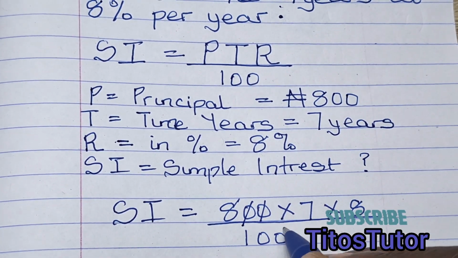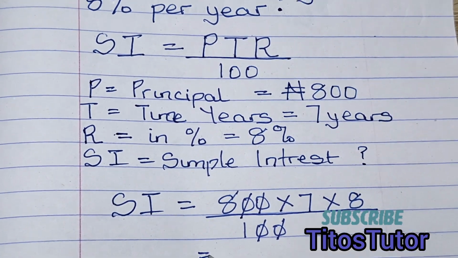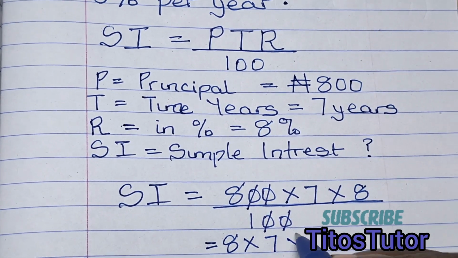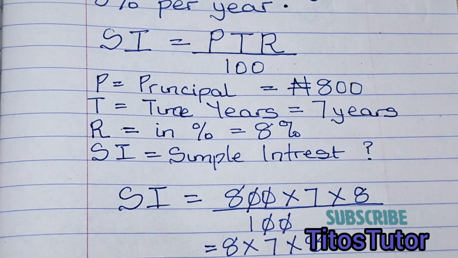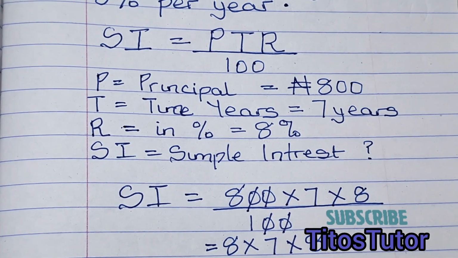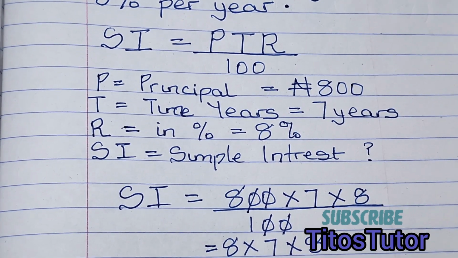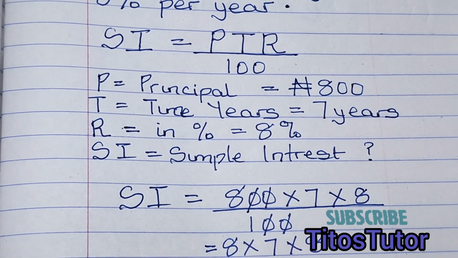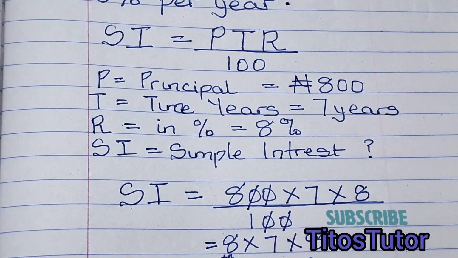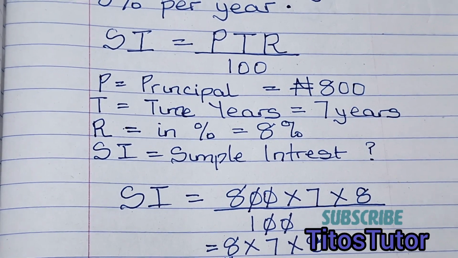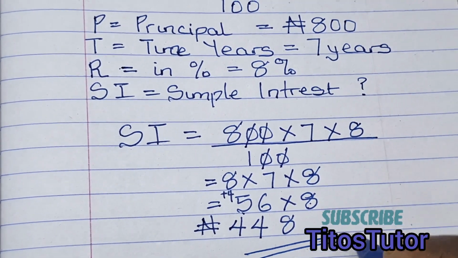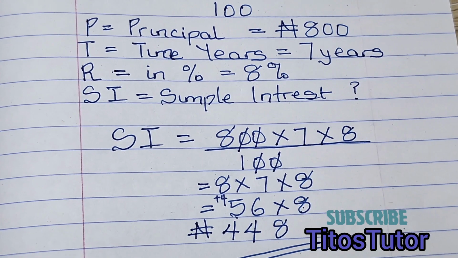This cancels this cancels this. I'm left with my simple interest as 8 times 7 times 8, and this gives me 56 for 8 times 7 multiplied by 8. 8 times 6 is 48, so I'm left with a plus 4. 8 times 5 is 40, plus that 4 is 44. So in naira, my simple interest is 448.